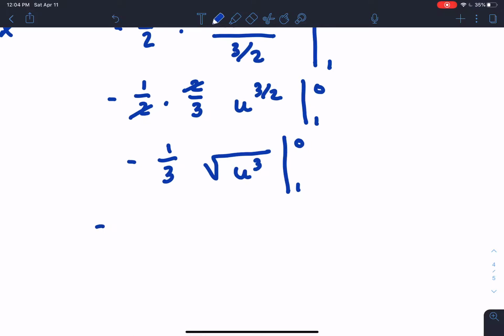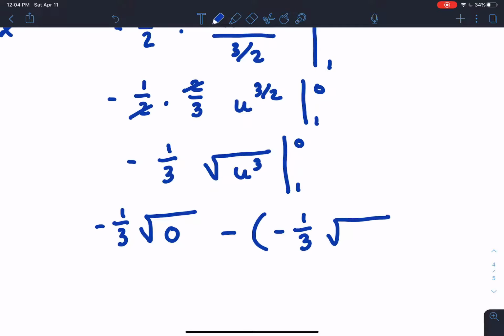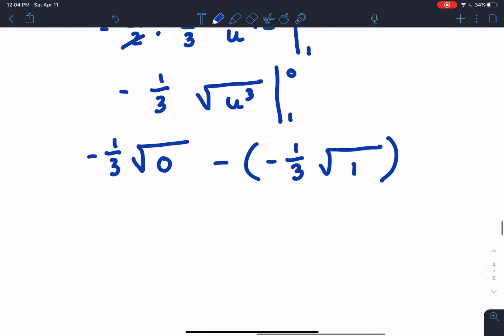So you got negative 1/3 square root of 0 cubed, which is 0, minus negative 1/3 square root of 1. Obviously the square root of 0 becomes 0, and then this just becomes positive 1/3 as your final answer.